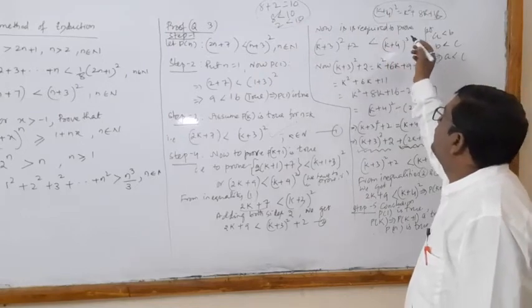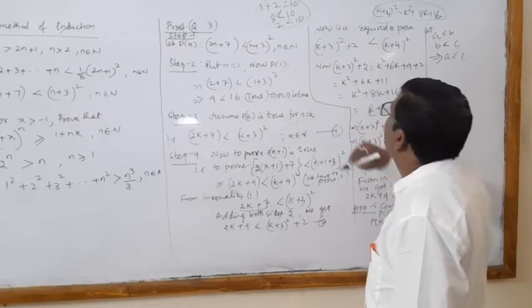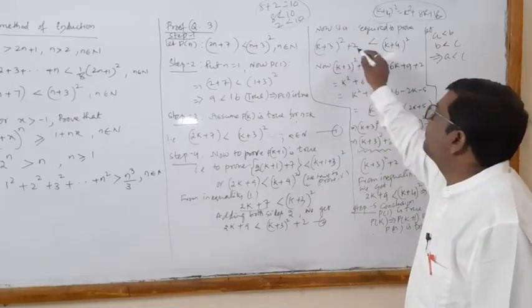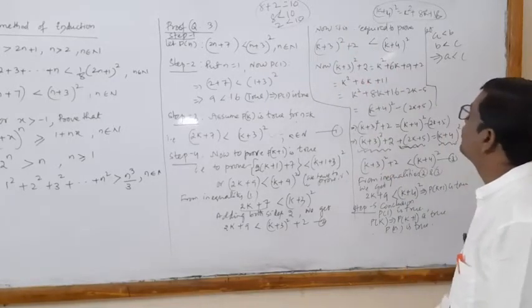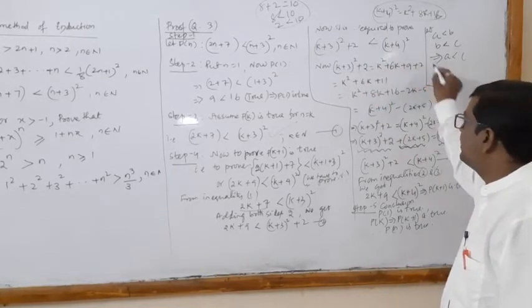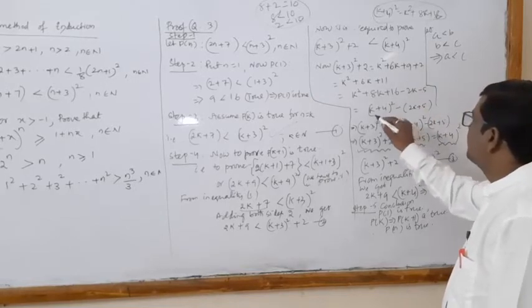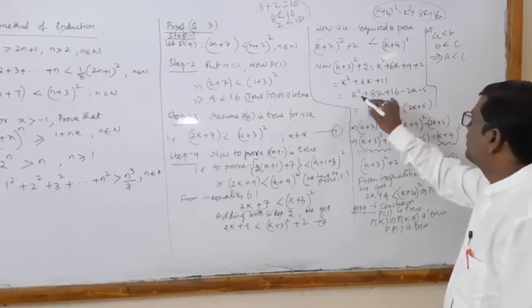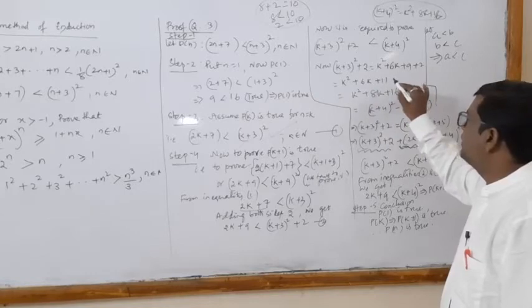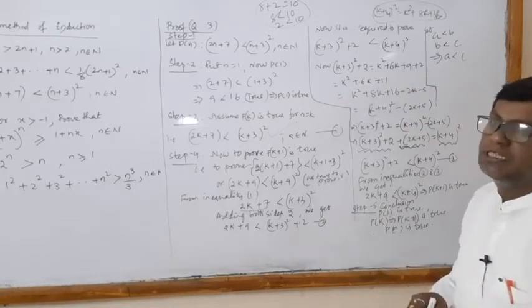So now it is required to prove (k plus 3) whole square plus 2 is less than (k plus 4) whole square. Now (k plus 3) whole square plus 2 can be written like this. Expand this: k square plus 6k plus 11, and convert into (k plus 4) whole square.